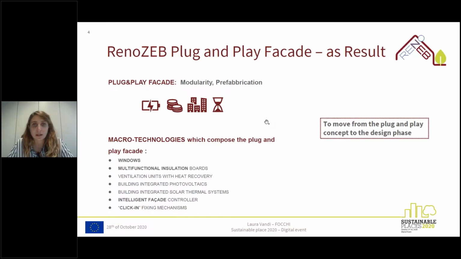Again, the plug-and-play allows linking different technologies, and as you can see from this slide, they are listed: different macro technology components, which are window, multifunctional insulation boards, ventilation unit with heat recovery, building integrated photovoltaics, building integrated solar thermal system, intelligent facade controller, clicking fixing mechanism.